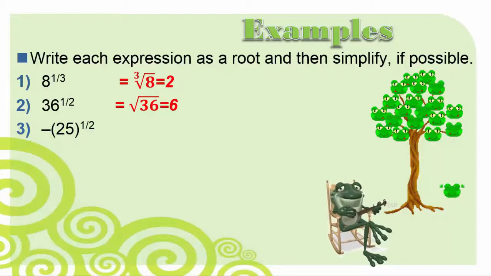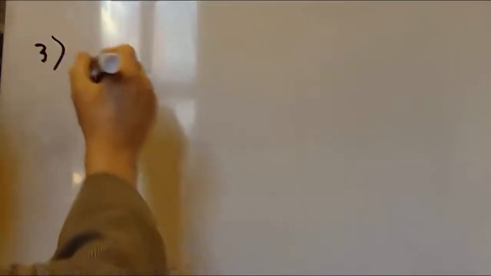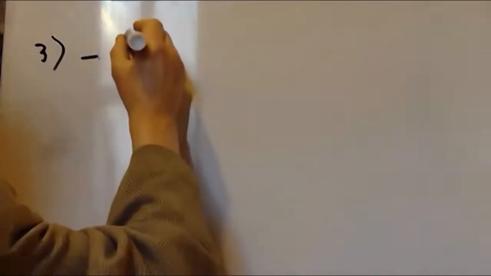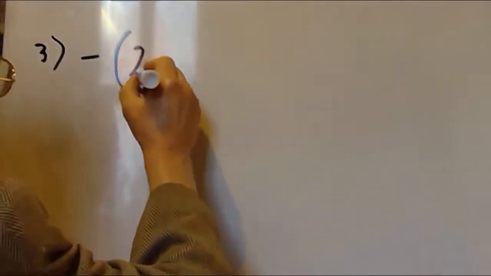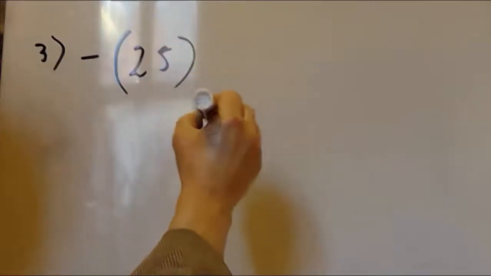In number 3, we have negative bracket 25 to the 1/2 power. Let's look on the whiteboard and see how to look at this one. For number 3, we have a negative, and I'm very careful putting that bracket, 25 to the 1/2.